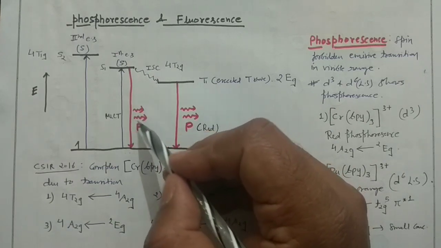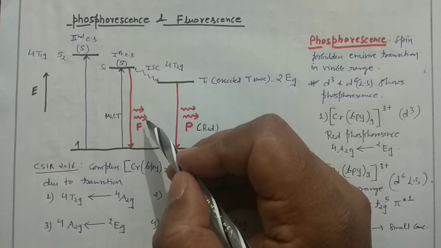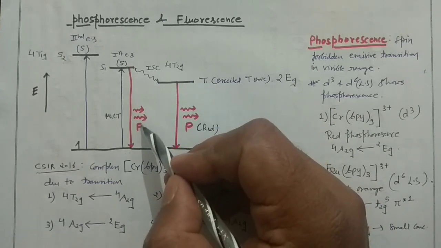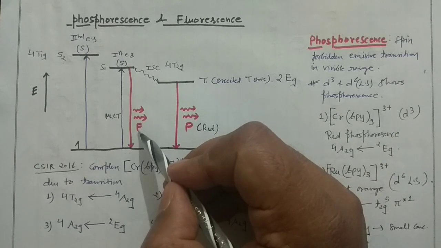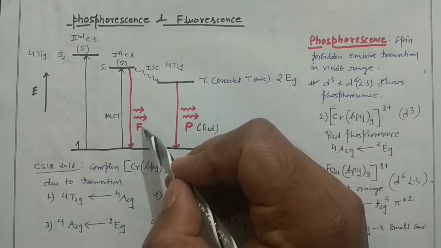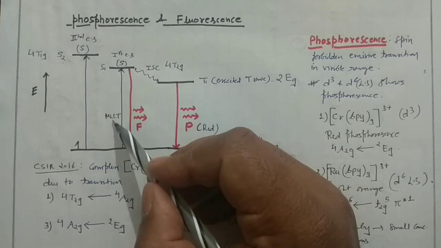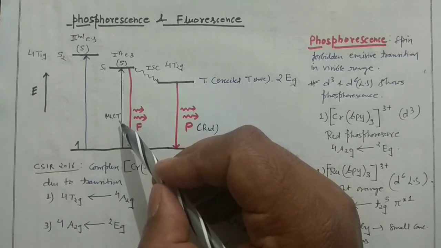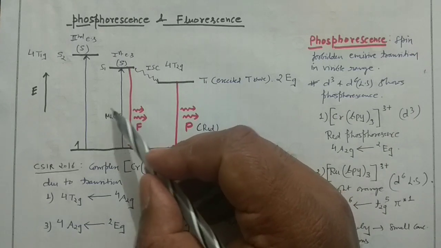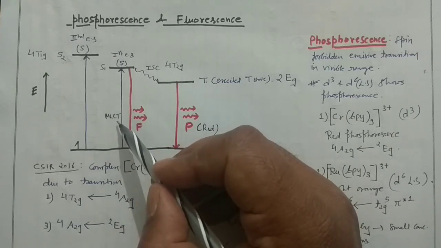When it falls in the visible region, it appears as a certain color, and that process is known as the fluorescence process. F represents the fluorescence process, and this fluorescence generally occurs due to MLCT transitions, metal to ligand charge transfer, right, where you will find these MLCT types of transition.